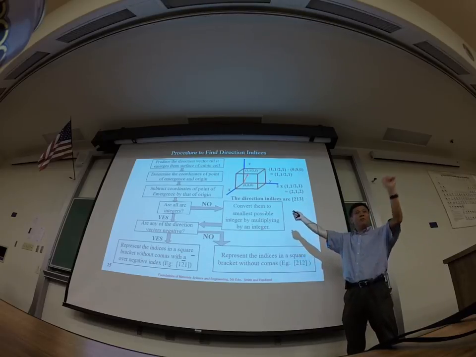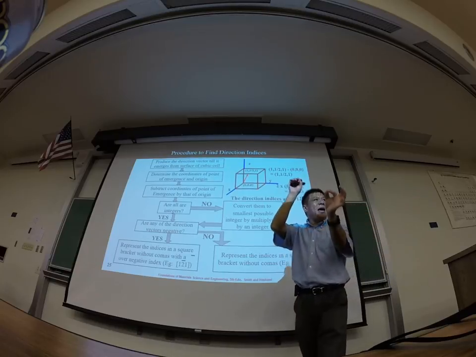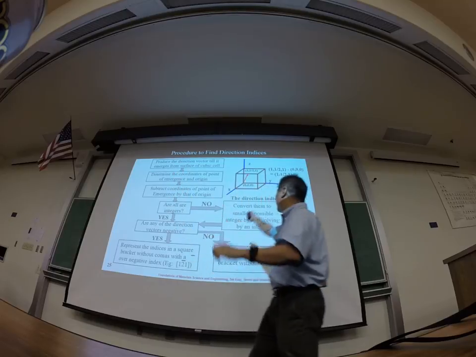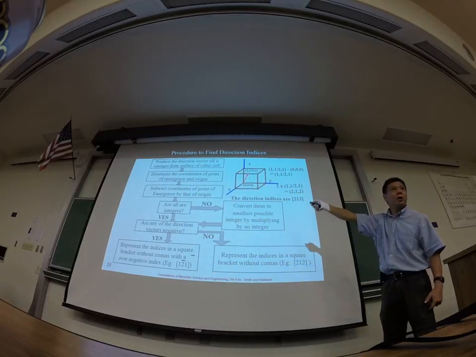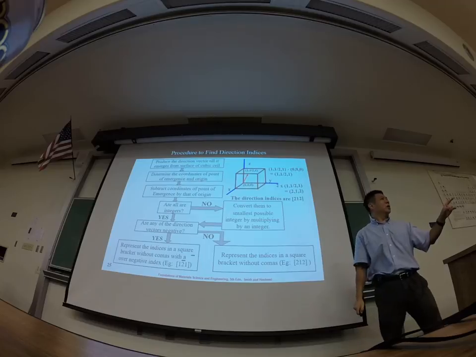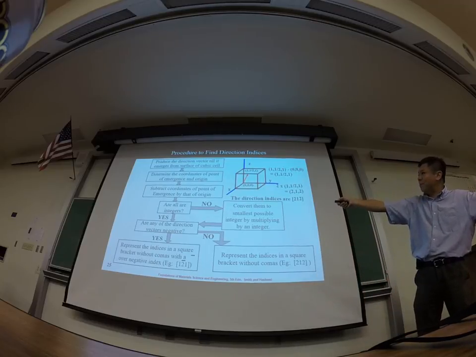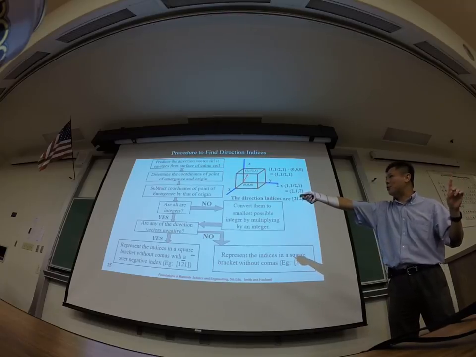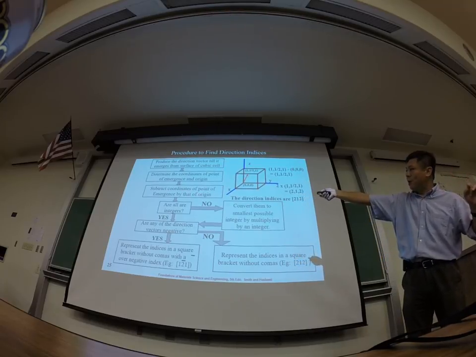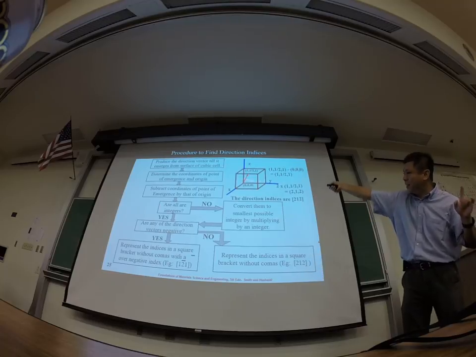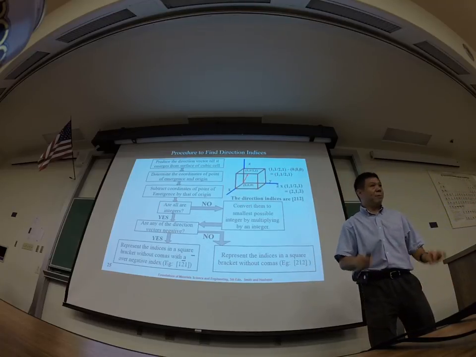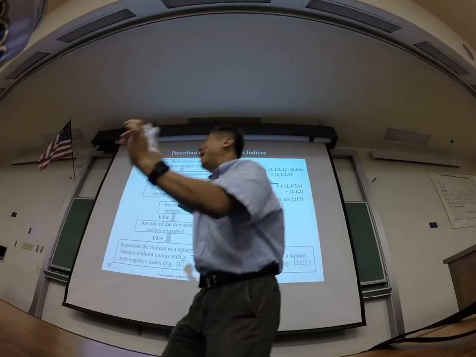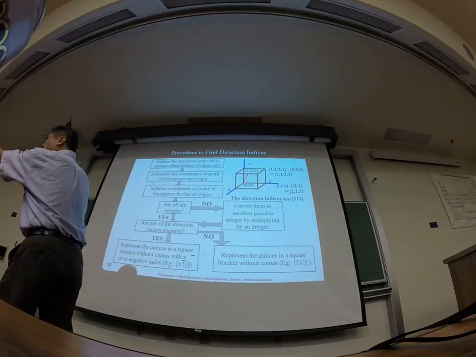What are the coordinates of the endpoint, where the vector points out of the unit cell? We know that already. It's labeled here, and the origin is this. Then the next step is to subtract the coordinates of the starting point, the origin, from the coordinates of the endpoint.